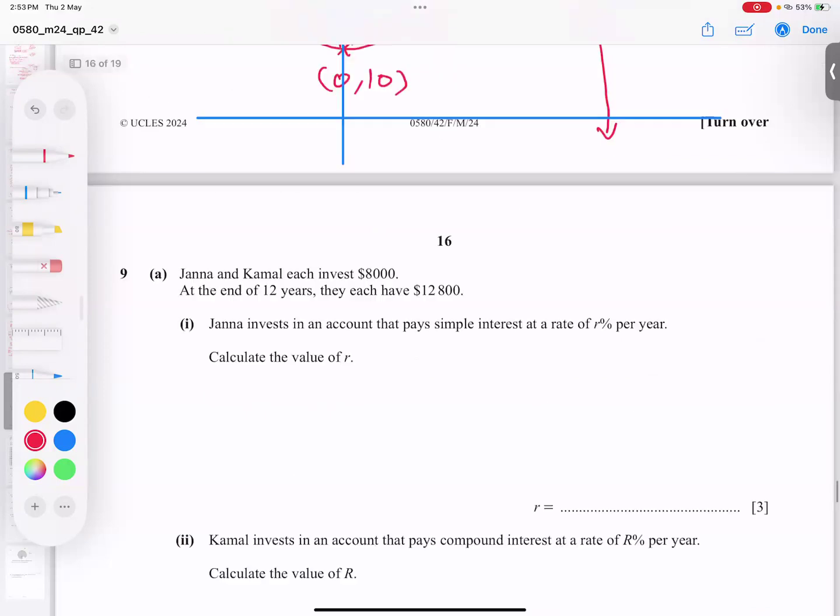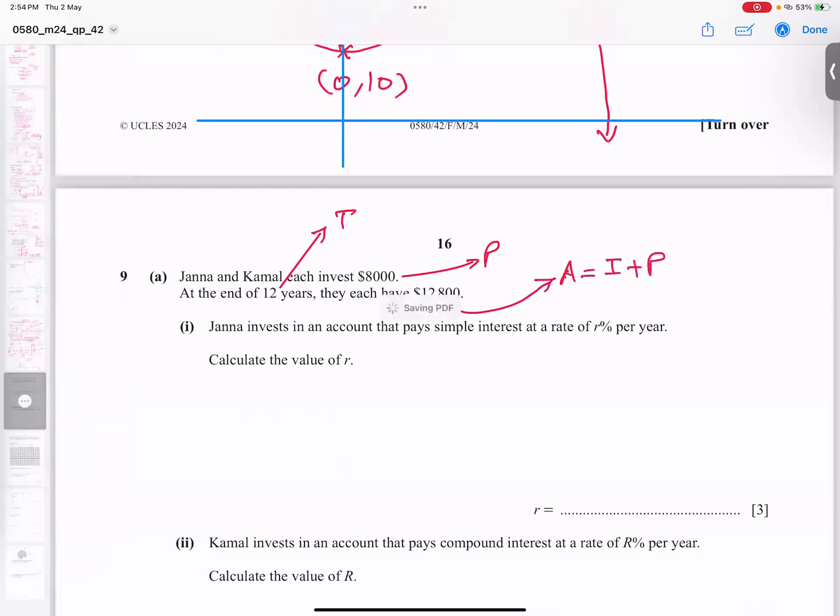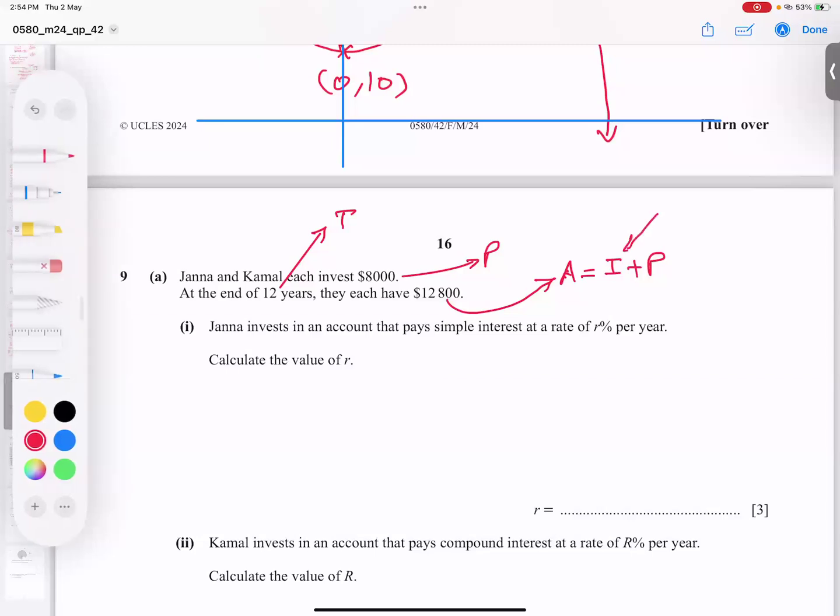So this is called investment, this is called P. And at the end of 12 years, this is called T. Each has this one, so this is called A. A is called the final amount, because A stands for his profit, I, and his investment, P. I stands for interest or his profit, and P stands for his investment, his own money.